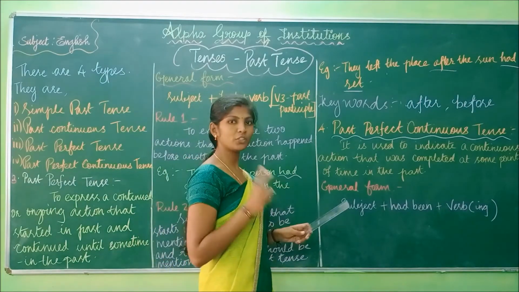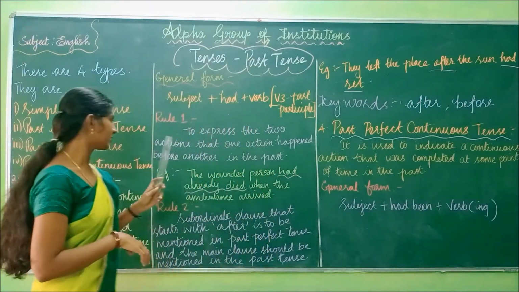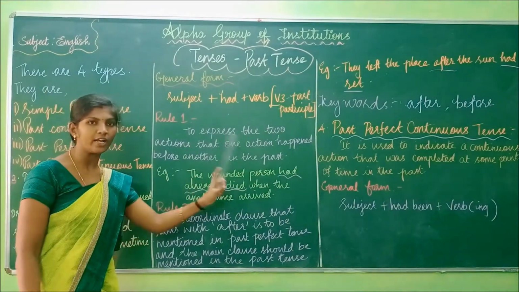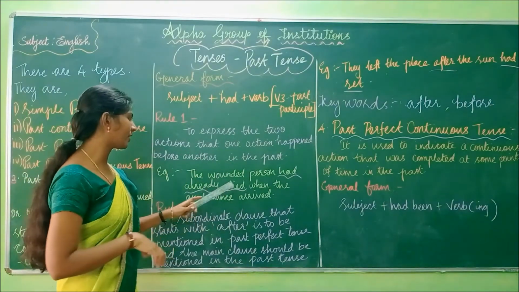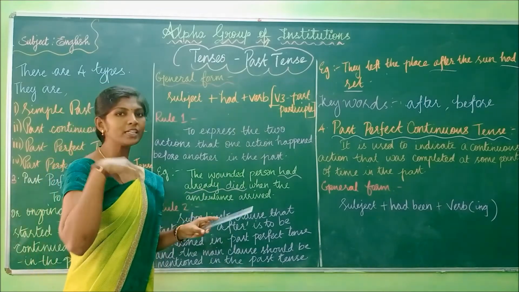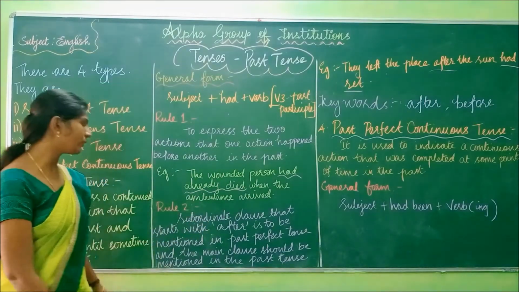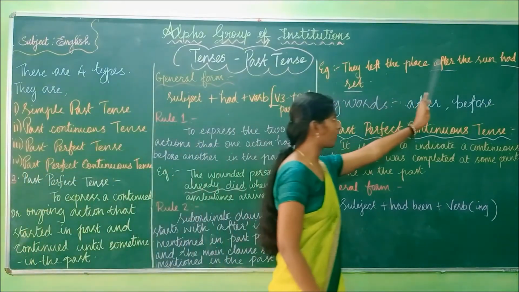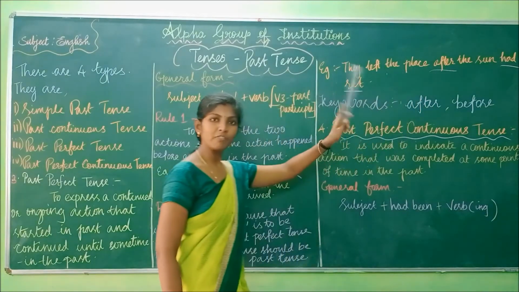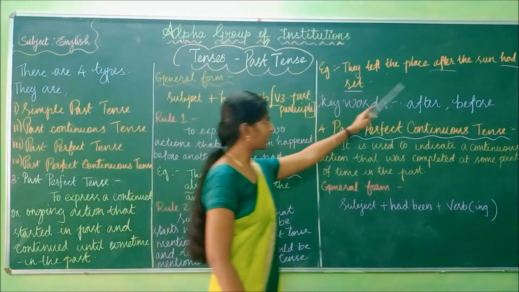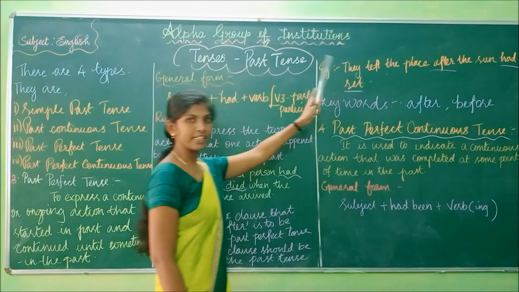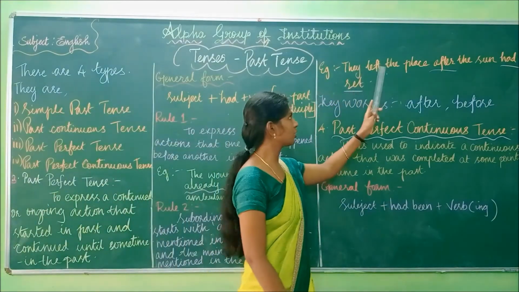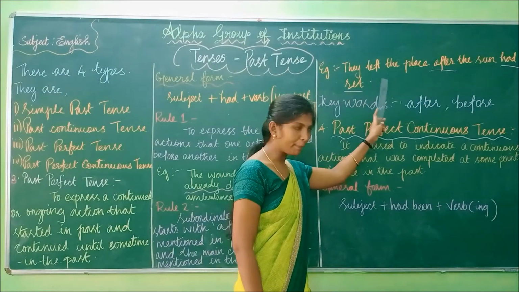So we are seeing two rules in past perfect tense. The first is to express two actions, where one action happened before another in the past. Before one action happened, the other action started. The second is the subordinate clause that starts with after, which is mentioned in past perfect tense, while the main clause is mentioned in simple past tense.